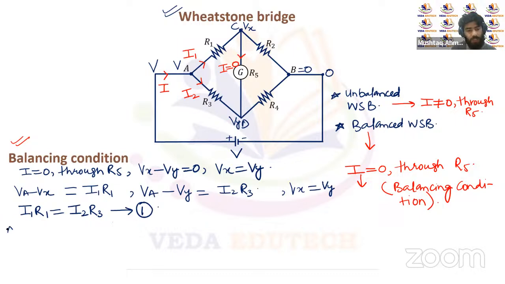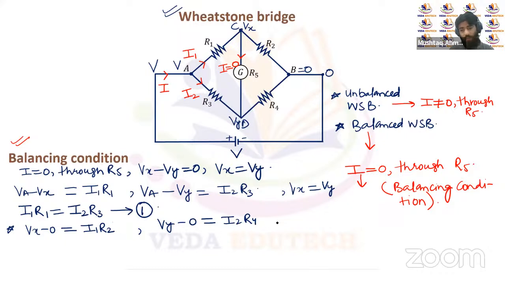Let's move to the second condition. Here the current through R2 is once again I1, and we can write Vx minus 0 is equal to I1 R2. Similarly, Vy minus 0 will be equal to I2 R4, using Ohm's law.